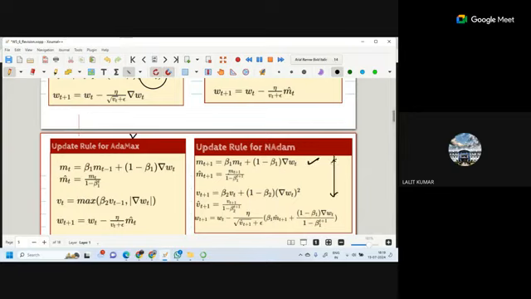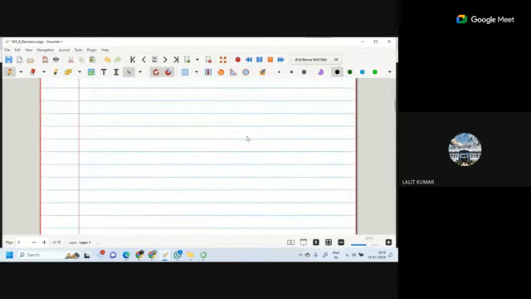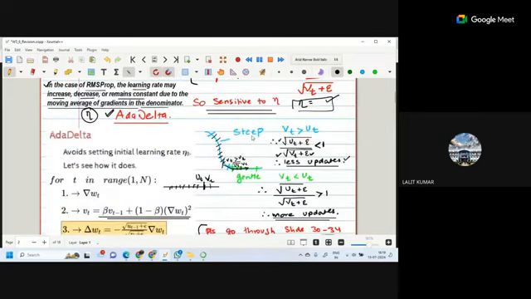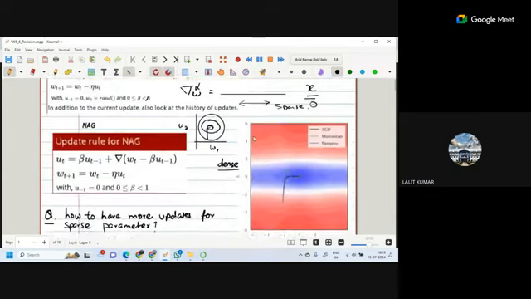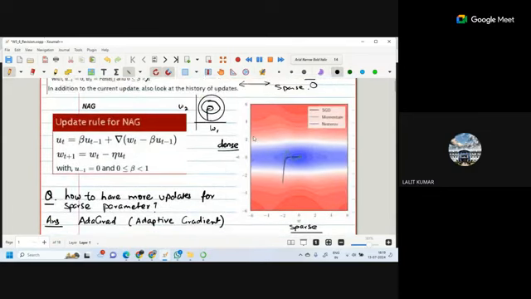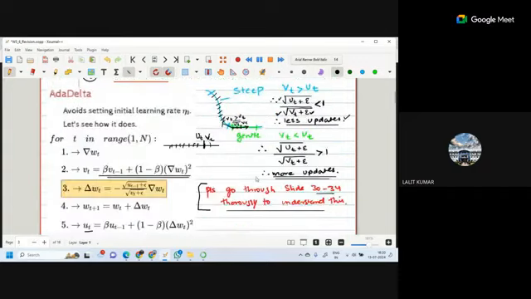There is a slight difference between NAG and NADAM. In NAG, if you look at the update rule, the beta times v term is computed twice, whereas in NADAM it is done only once.